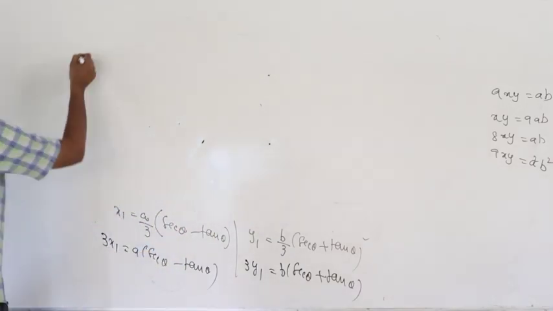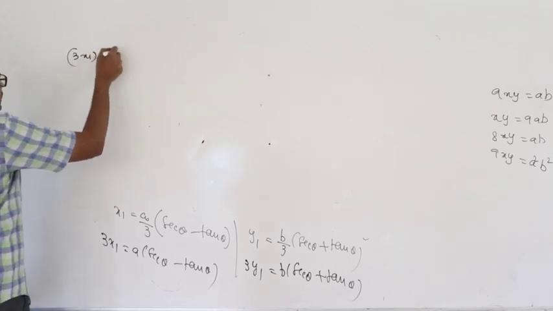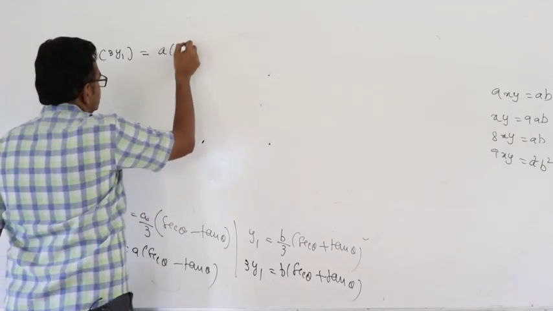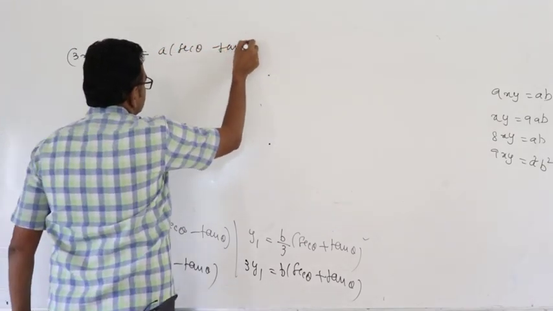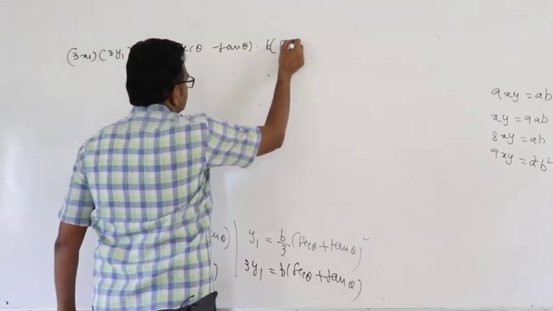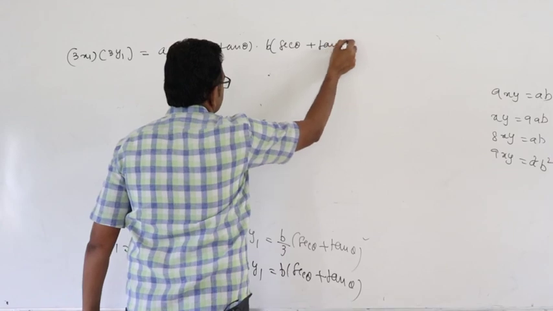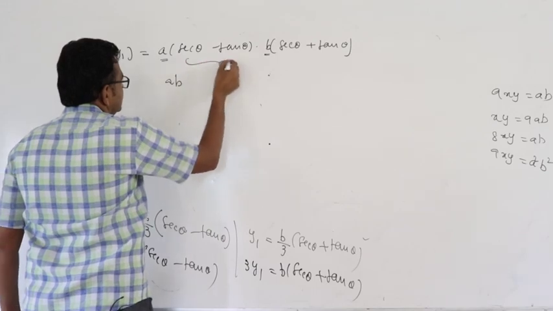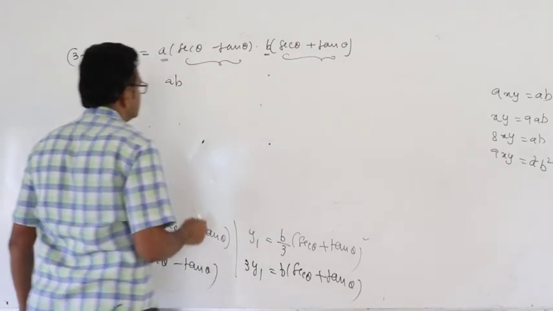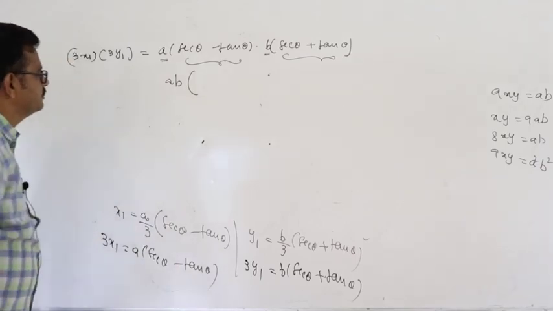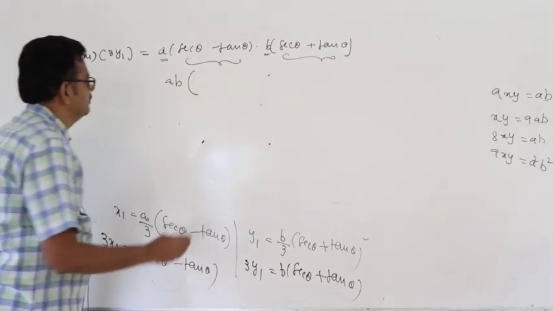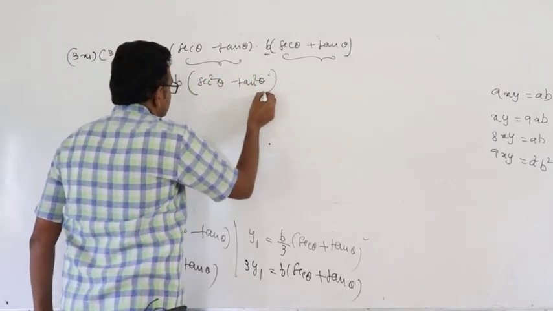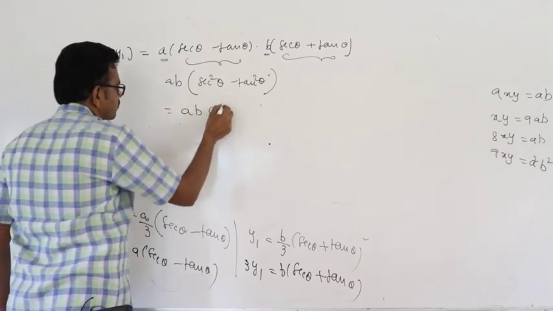So, this is 3x1 into 3y1 is equal to a into (secant theta minus tan theta) into b into (secant theta plus tan theta). a into b, so this is ab, times (secant theta minus tan theta)(secant theta plus tan theta), which is like (a minus b)(a plus b) equals a square minus b square, so secant square theta minus tan square theta, that is ab into 1.